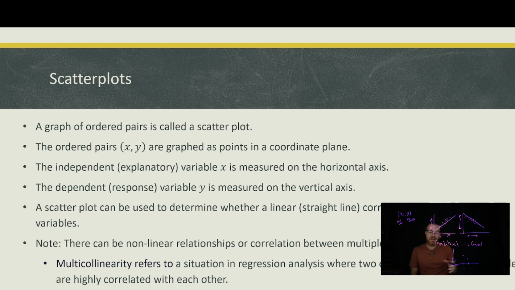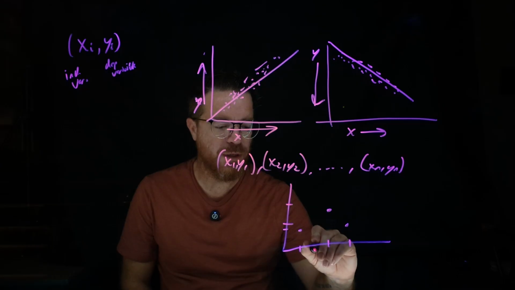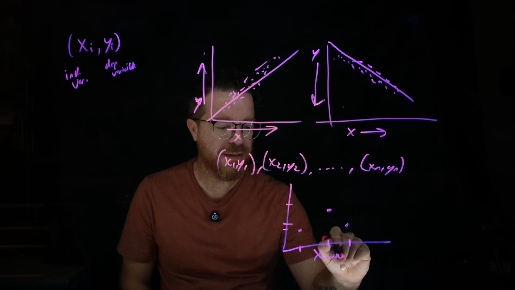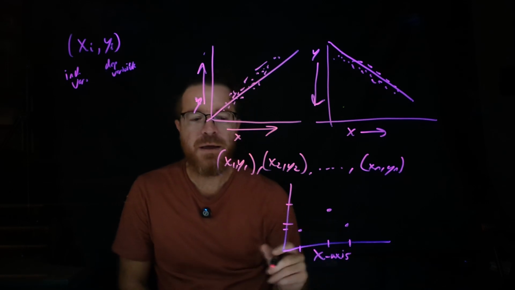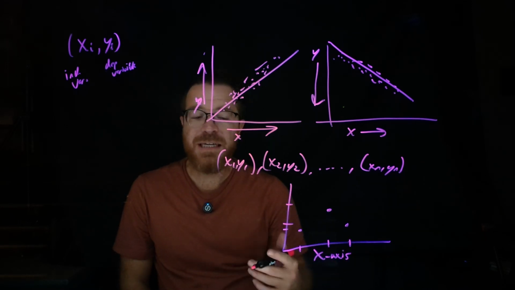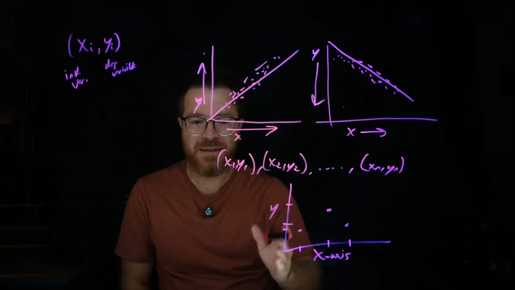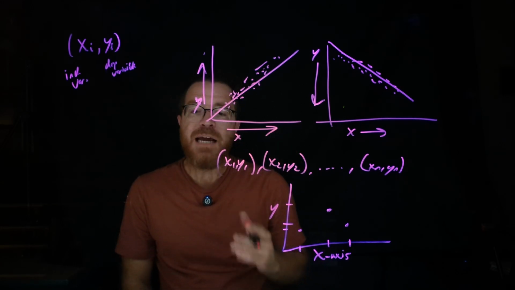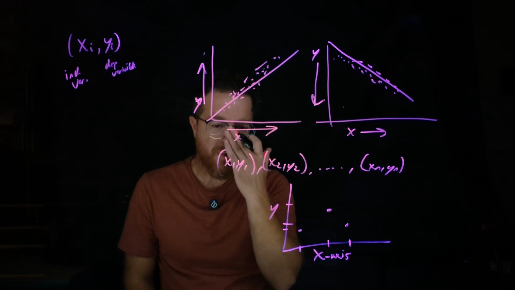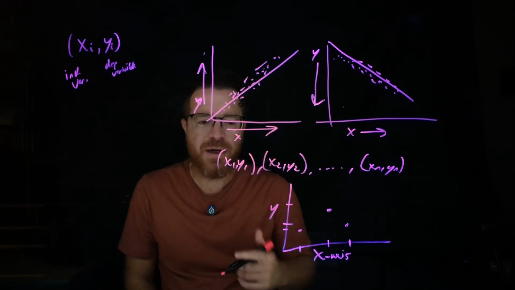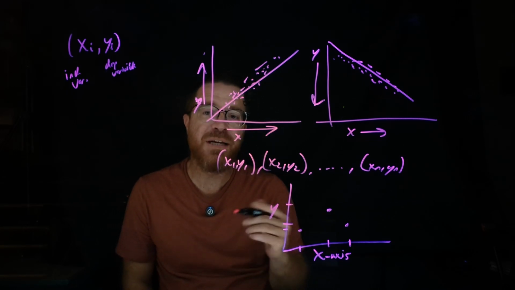Our independent or explanatory variable x will be measured on the horizontal axis, the x-axis. Our response or dependent variable will be on the y-axis, the vertical axis. A scatter plot can be used to determine whether a straight line correlation exists between two variables.